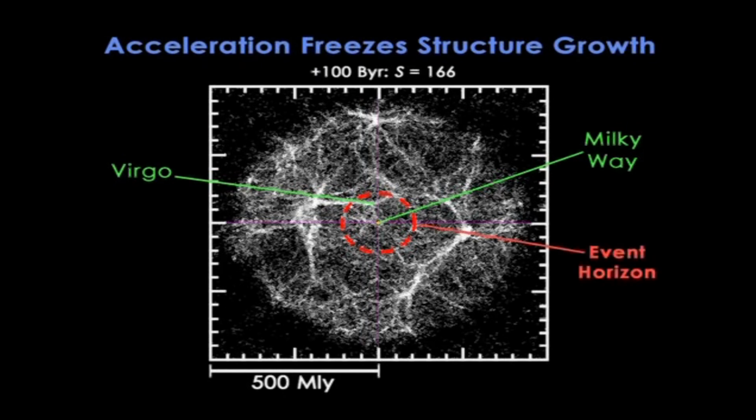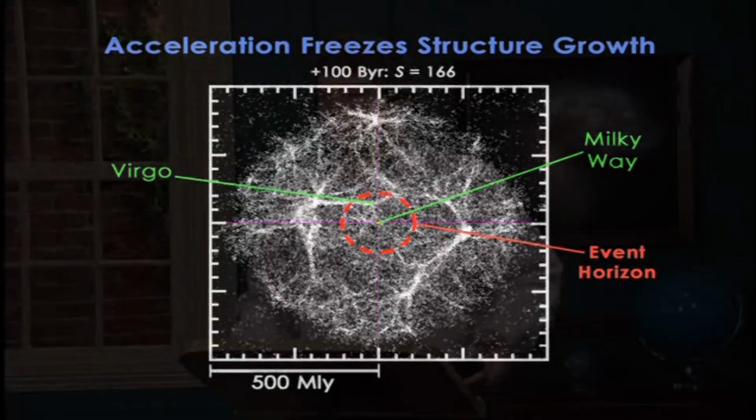It's called an event horizon. Now, as you might imagine, you can't see anything outside this circle because the light never gets to you. Ultimately, even the Virgo cluster will be outside the event horizon, and the universe will appear empty except for our own local ball of stars, what was once the local group.